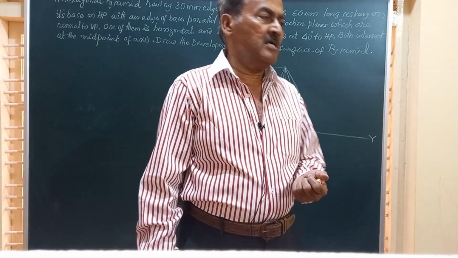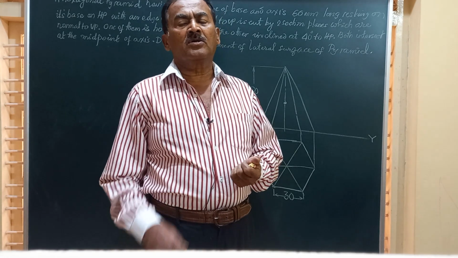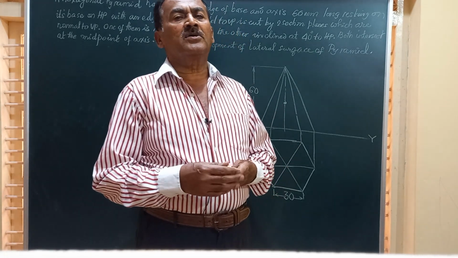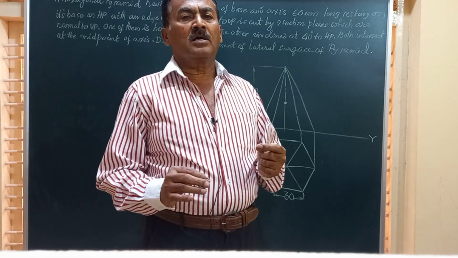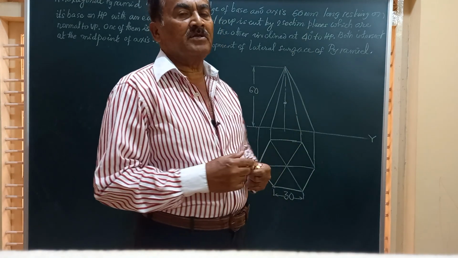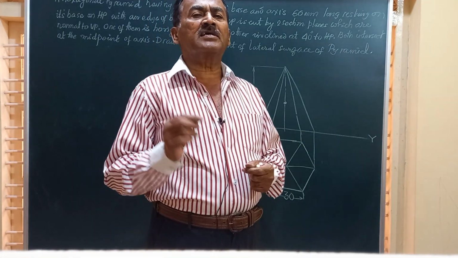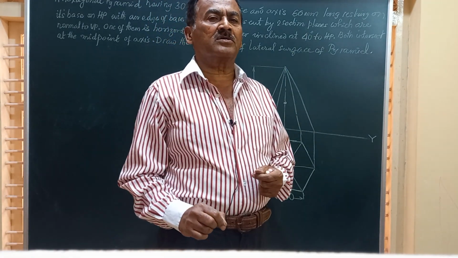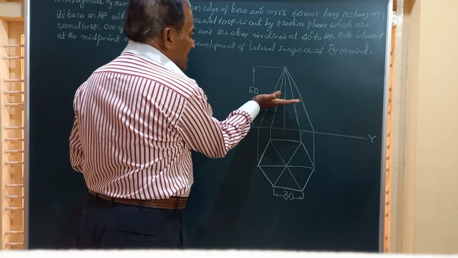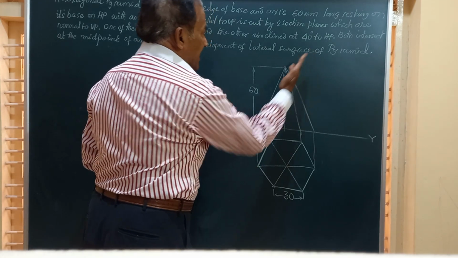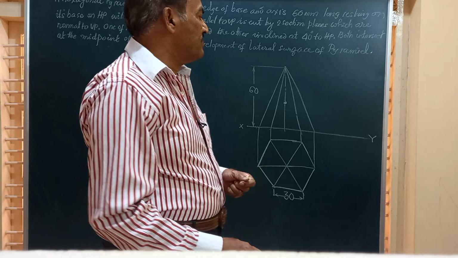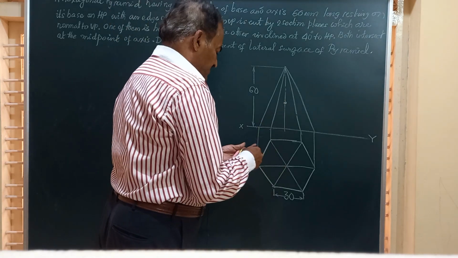And in today's video, we are going to work out a problem on the development of a hexagonal pyramid which has got a base of 30 millimeter and height is equal to 60 millimeter, and this is being cut by two section planes, both being normal to VP, and one of them is horizontal and the other is inclined at an angle of 40 degrees to the horizontal, and both of them intersect at the mid height of the axis.